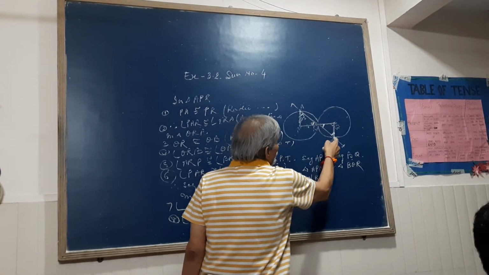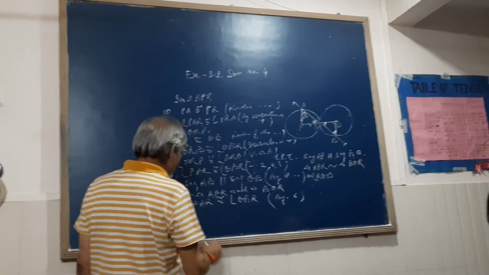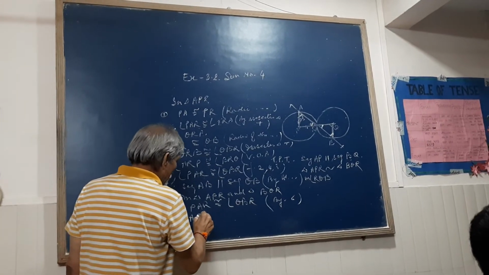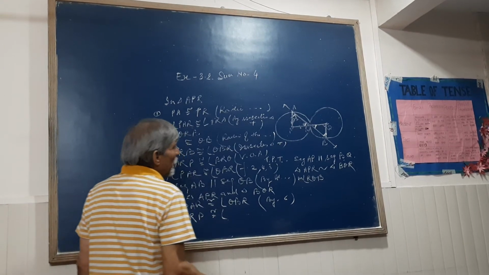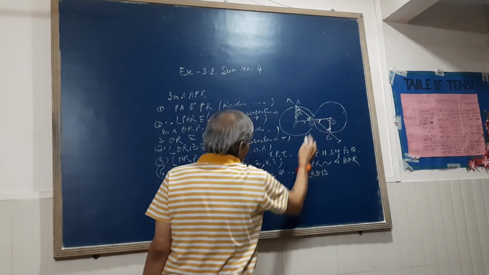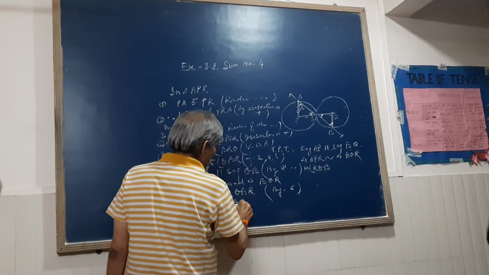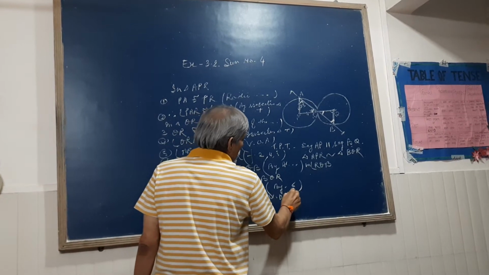And angle ARP is equal to angle BRQ. That is vertically opposite angles.